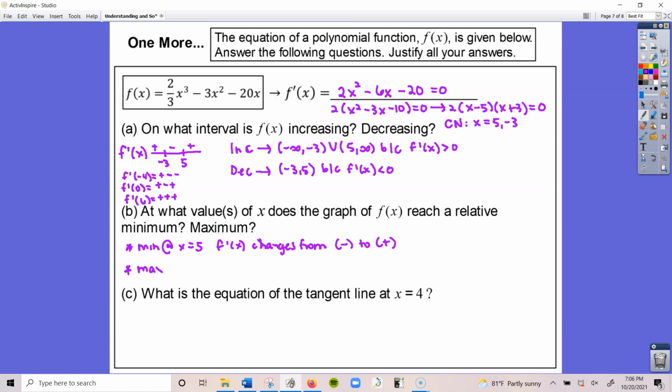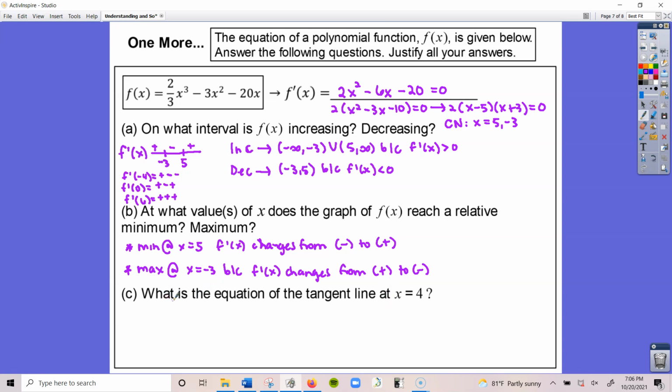Now for the maximum, we have a maximum at x is equal to negative 3, and the reason is because f prime of x changes from positive to negative.